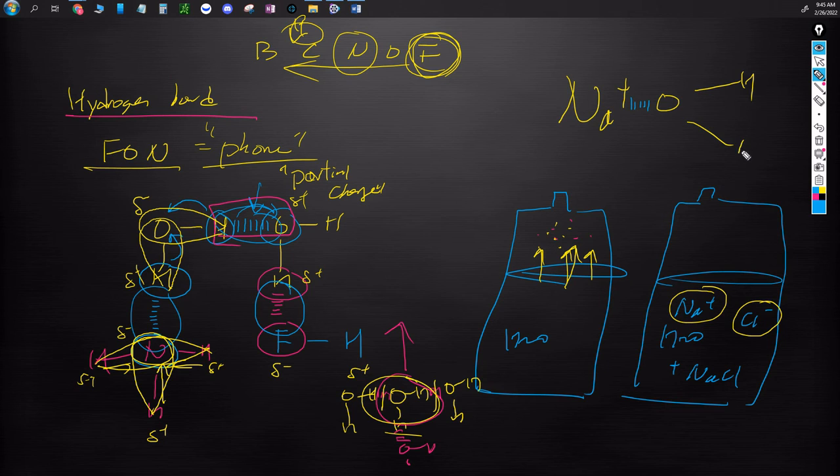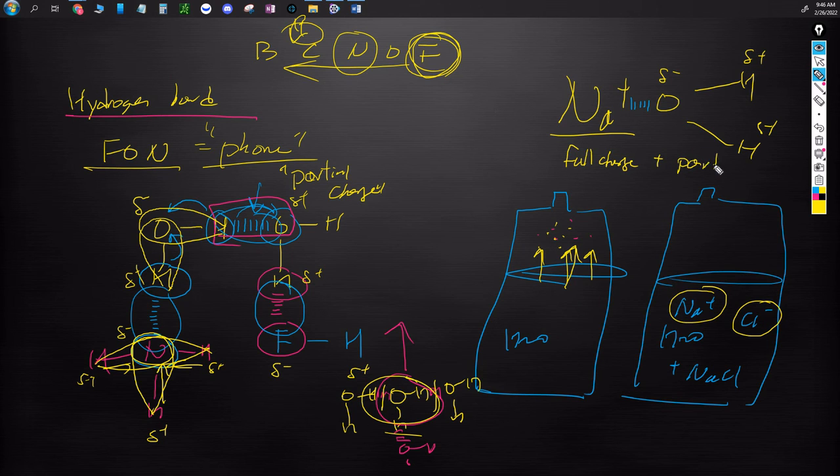Of course we have a polar region of water, partial negative, partial positive here. But this is a full charge. This is not a partial charge. So now the attraction between the sodium ion and the water is full charge with partial charge.